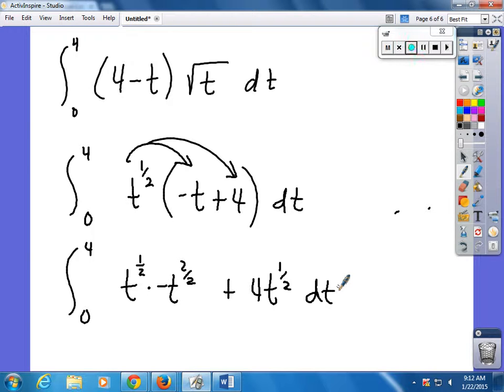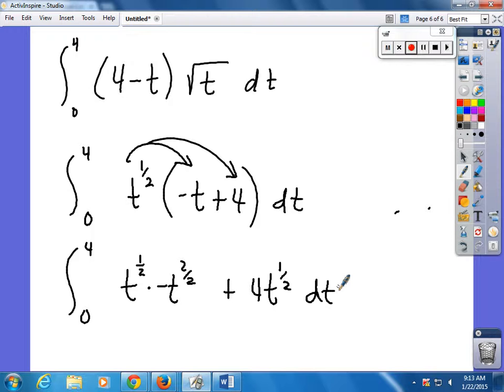Now, why am I writing this part out? Because this is where the screw up is going to happen, right here. First of all, what's t times negative t? That's a negative t, right? But what happens to the exponent? You add them together, and what do you get? 3/2.